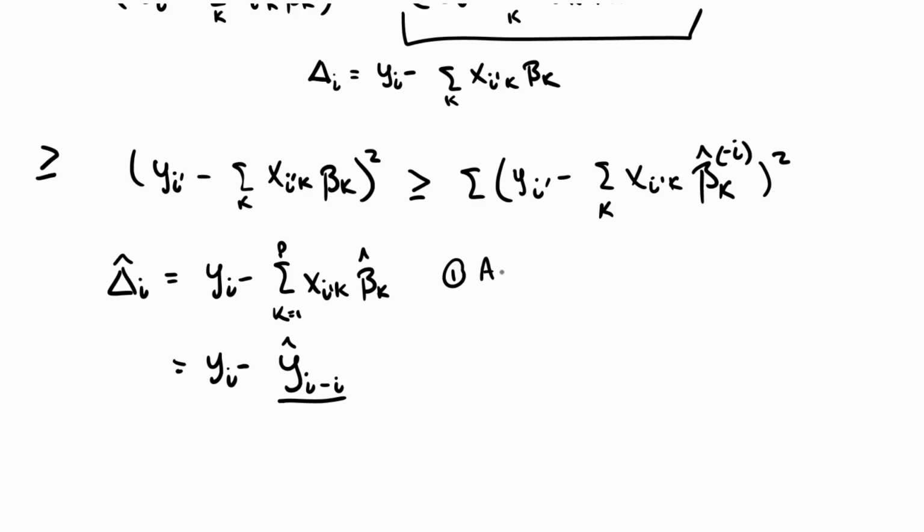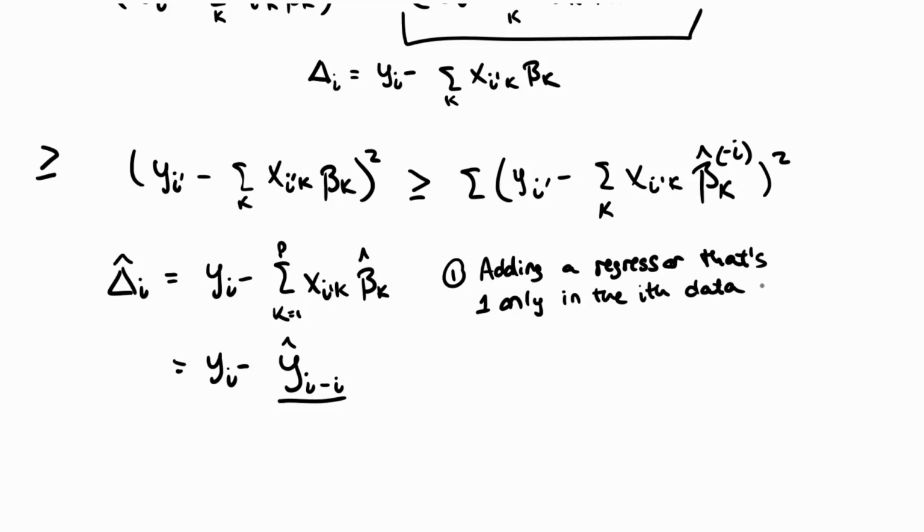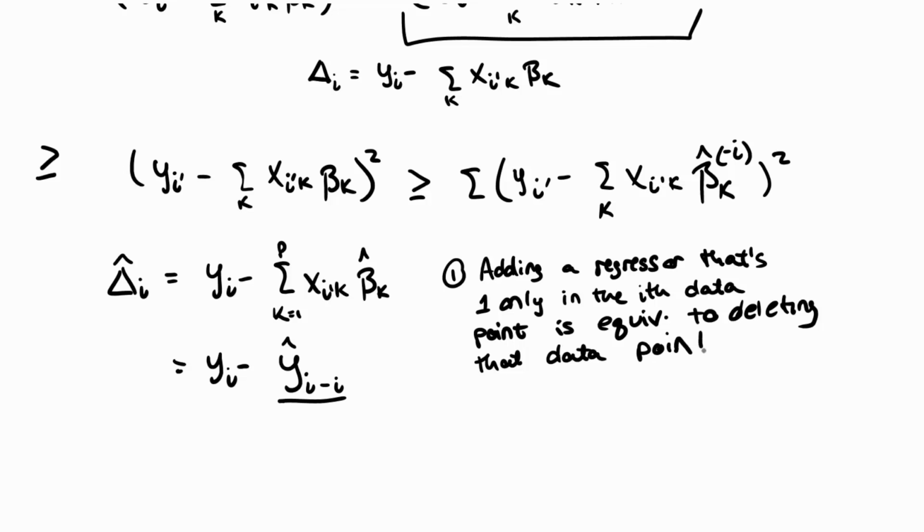One, adding a regressor that's 1 only in the ith data point is equivalent to deleting that data point from the analysis. So that's an interesting way to delete a data point.